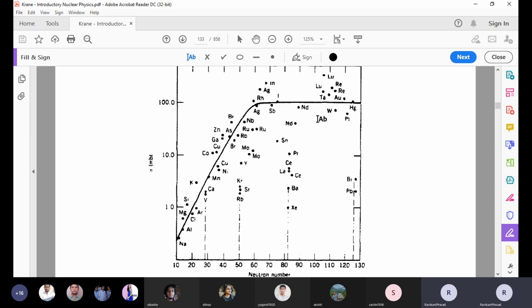So there is a 2 order of difference between the neutron capture for those nuclei which are lying at the magic number. तो जिस भी न्यूक्लियाई में न्यूट्रॉन की वैल्यू मैजिक नंबर के इक्वल होती है, then its capability of capturing a neutron is very less with respect to its neighboring nuclei.